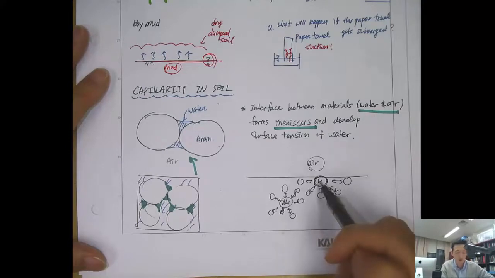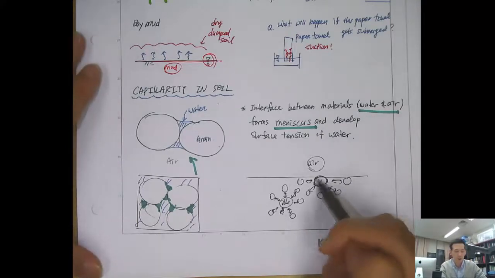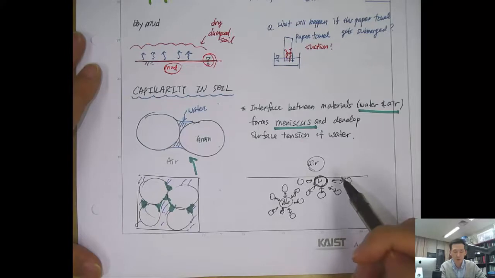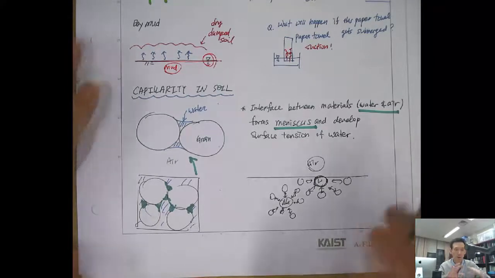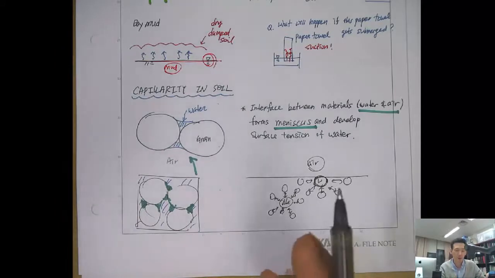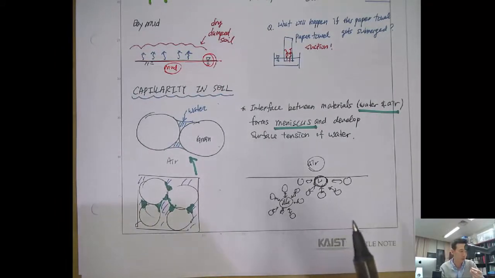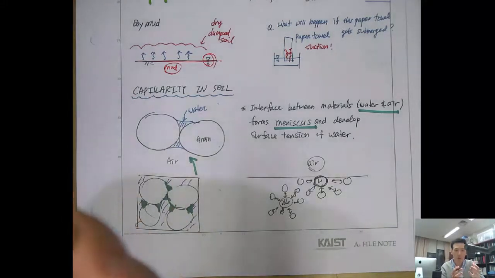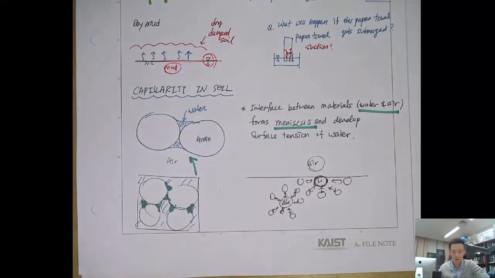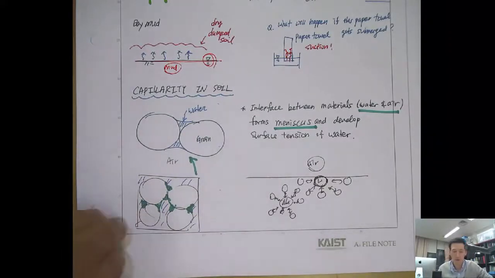Because of this high energy state at the surface, the water molecules at the surface want to minimize the surface area. So when you have a droplet in the air, it forms a sphere, because the sphere makes the surface area minimal. It's the same here.